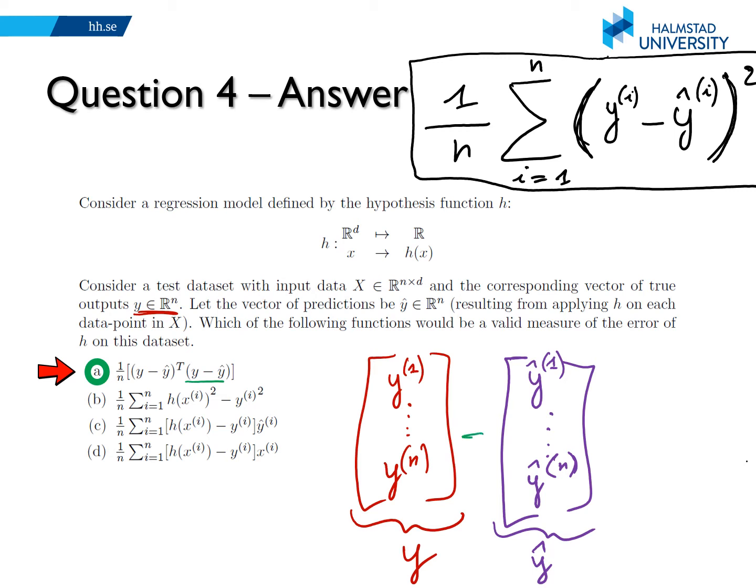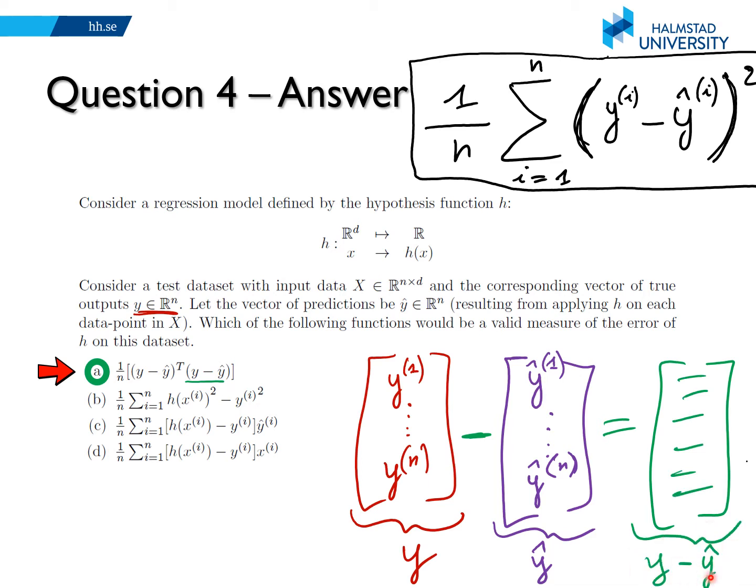And this difference between the two vectors will be a vector of n values, of n differences. And so what we are doing here is to compute the dot product between this vector difference and itself. And this dot product is exactly this part here. So this is just the sum of the squared errors. So this whole thing here, the mean squared error, can be written in this way.